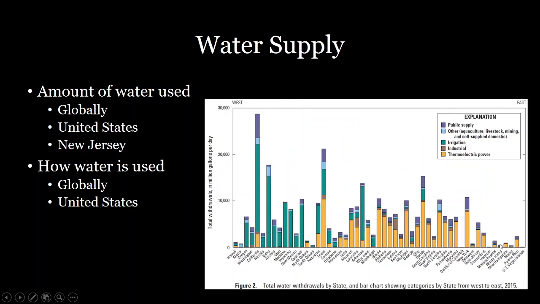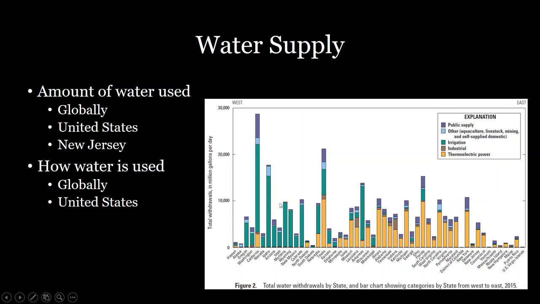We can look at this on a state-by-state basis and see how each individual state, as we move from west on the left here to east on the right, how they use their water. So these are the total water withdrawals in millions of gallons per day. And some interesting things you can see here is that the amount or percentage of water used for irrigation is significantly higher on the west than on the east.